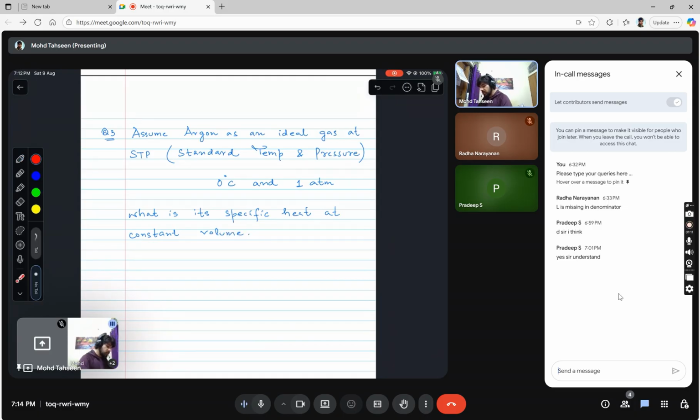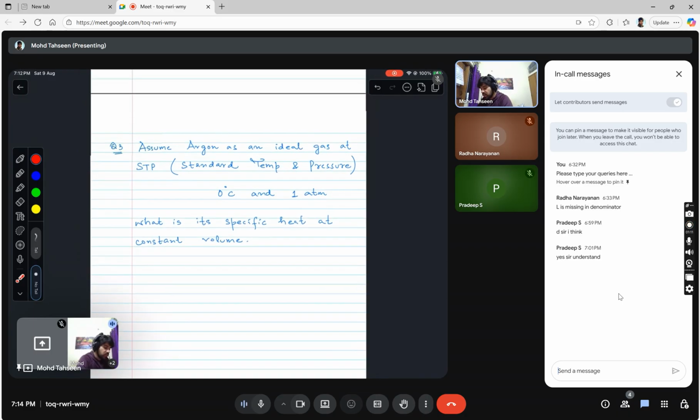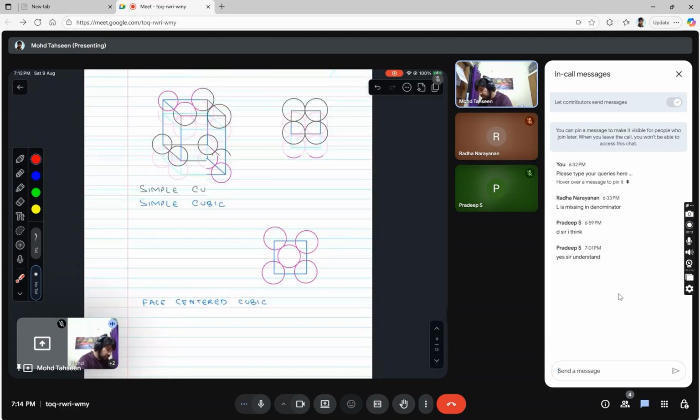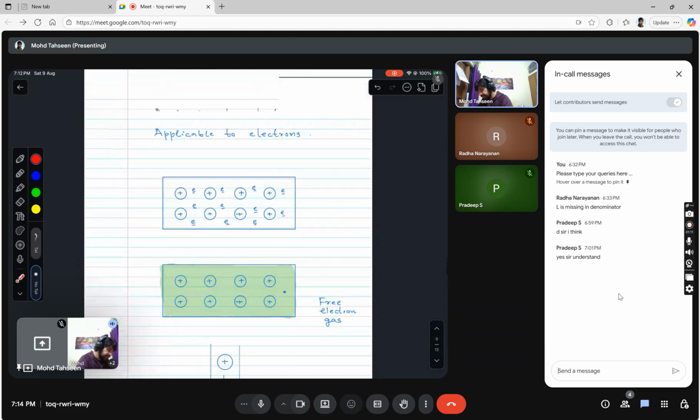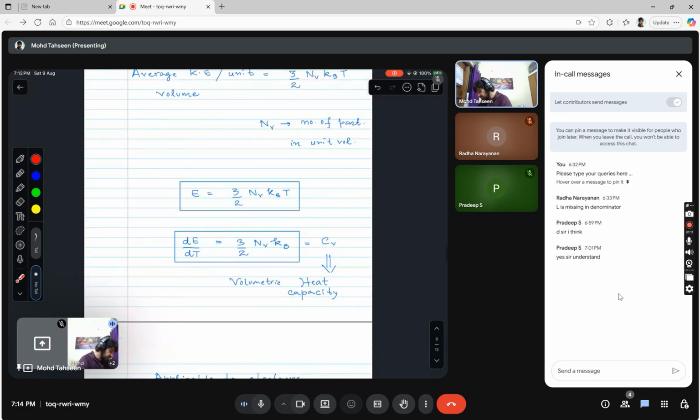And we actually define this quantity. So what is given? We are given argon, a gas, at standard temperature and pressure, and we need its specific heat. Now it may appear that we don't have much data given in the question, but actually, if we look at the kinetic theory of gases, we have everything. So let's see what we have. We actually derived an expression for this, right? CV, the volumetric heat capacity.